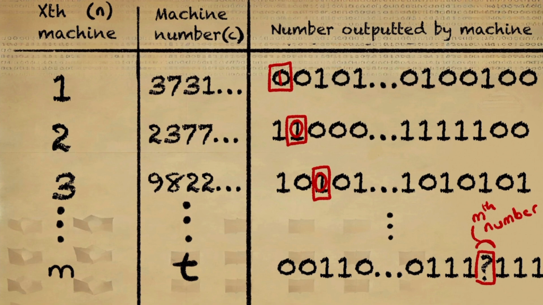When it reaches itself, it will have to print the nth digit of itself, tweaked. Except we are at the nth digit. So it's printing the nth digit, the digit that it should print, but tweaked. That's clearly a contradiction. So the only conclusion here is that machine t isn't possible.